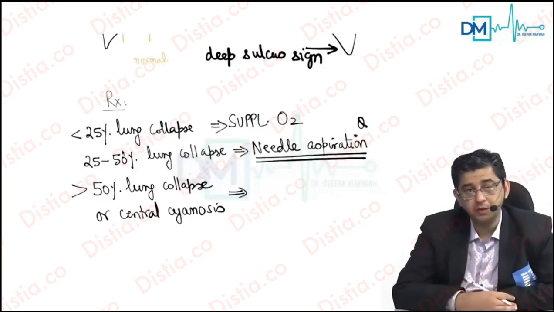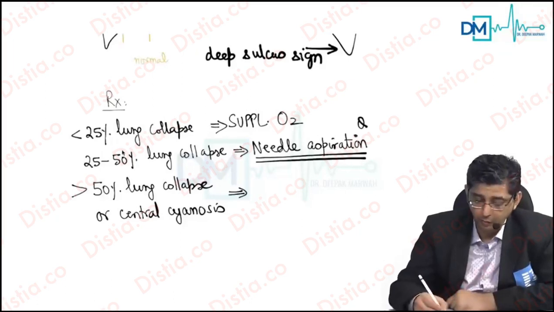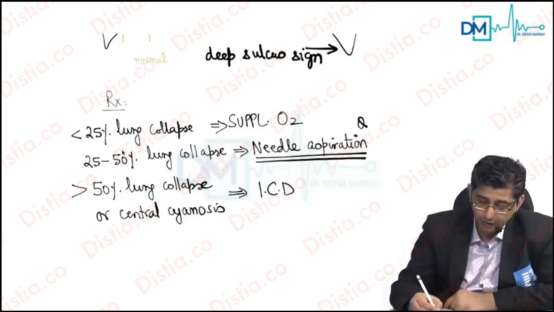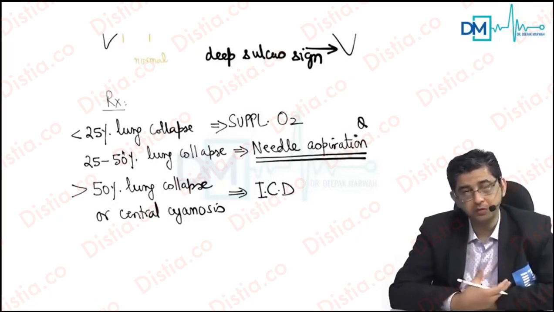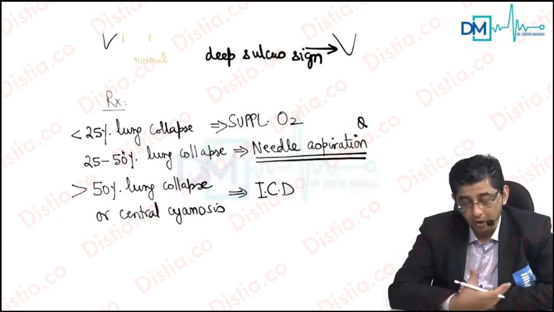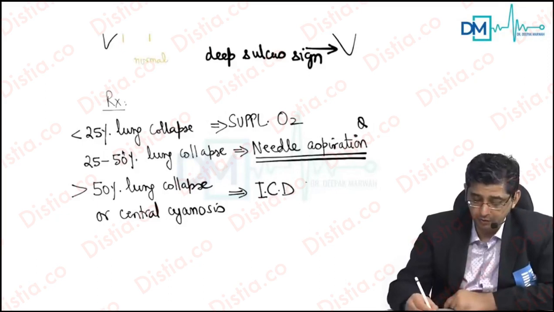If there is more than 50% lung collapse or central cyanosis in a patient, then for management of this particular patient, you will have to put in a chest tube. Like in my case, the old man turned blue. I said right away that he was watching a cricket match, the lips turned blue, so I have to put a chest tube in this patient, which will be put by me by default in the 5th intercostal space.